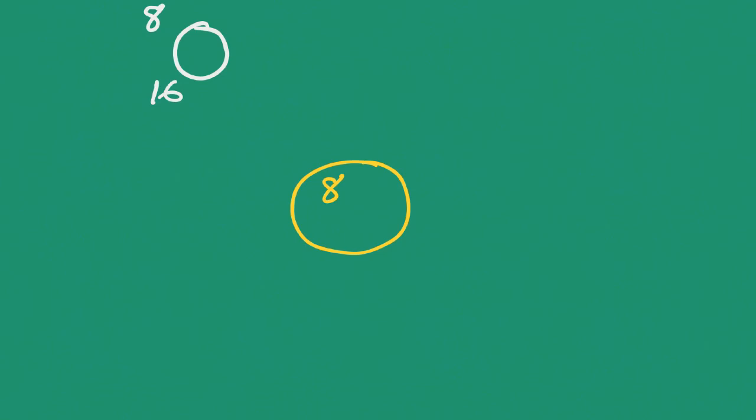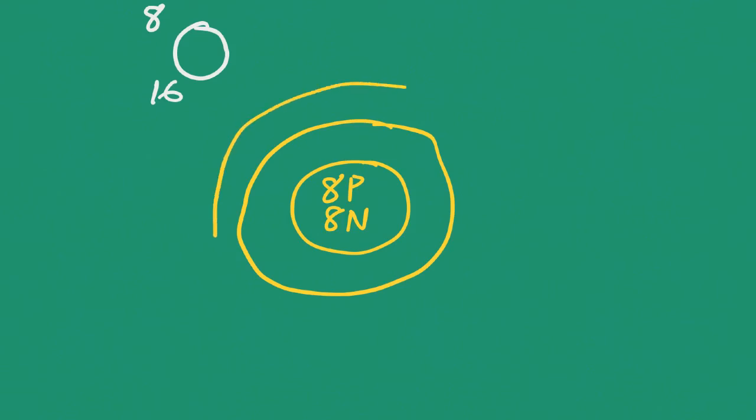Let's apply the rules of electron arrangement to oxygen. Oxygen has 8 protons, 8 neutrons, and 8 electrons. So let's draw oxygen. That's 8 protons, 8 neutrons. Now how do we arrange the electrons?